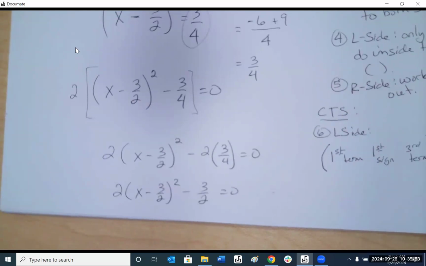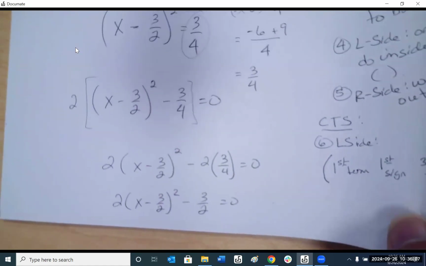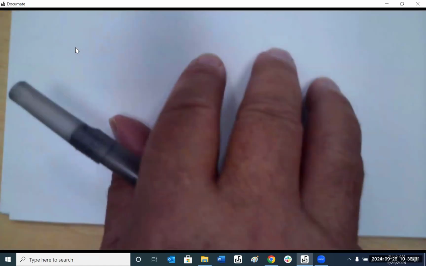So that's how you complete the square. And I'm pretty sure the homeworks and the assignments are going to be nice enough that you don't have any fractions or coefficients of a.